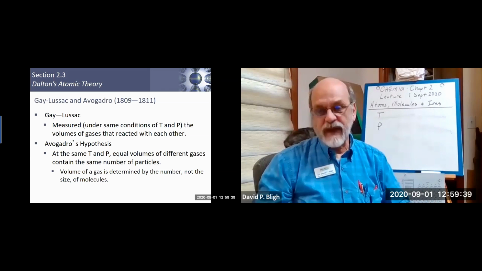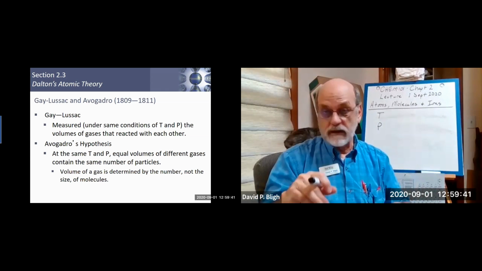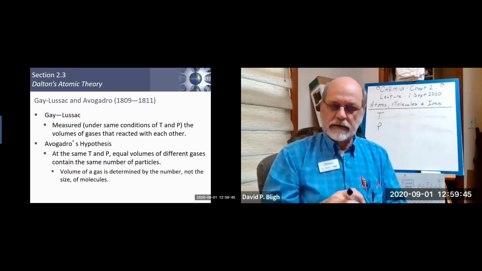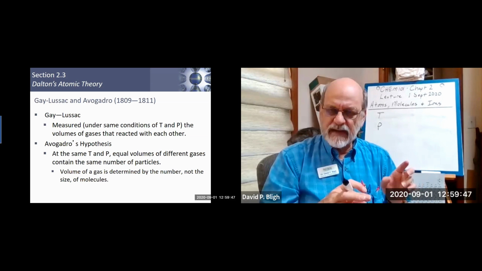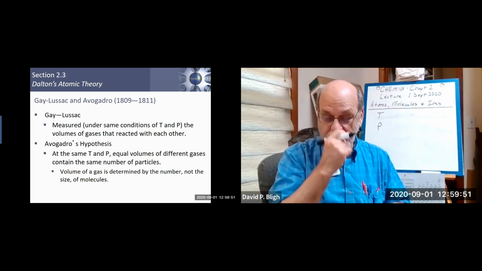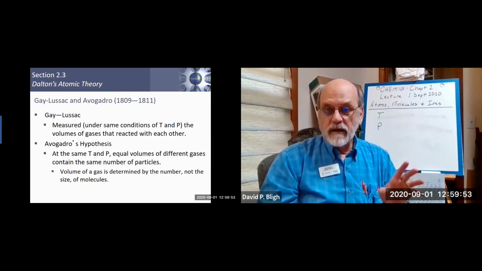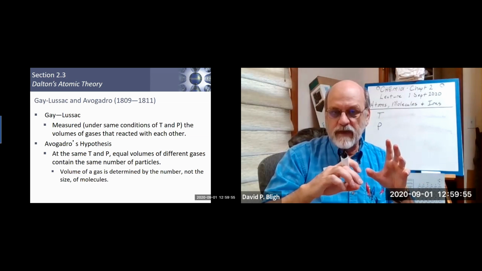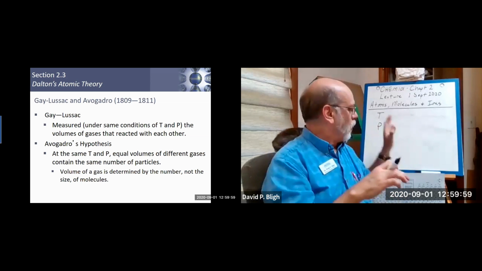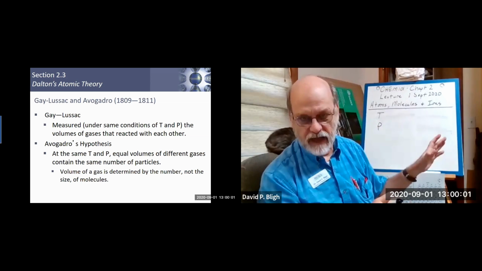Masses, that's macroscopic. You can even weigh a gas under the proper conditions. But they didn't understand what was going on at the microscopic level, and Avogadro's law gave them the clue to understand what was involved in a chemical reaction.